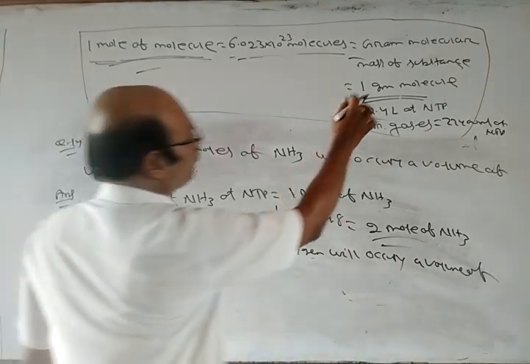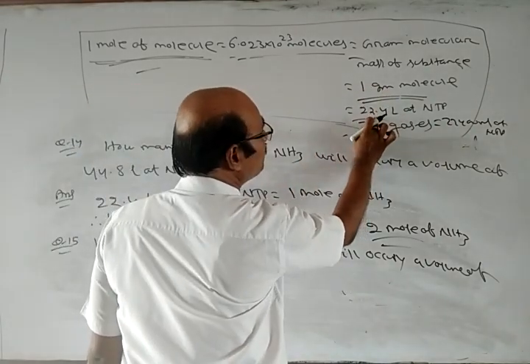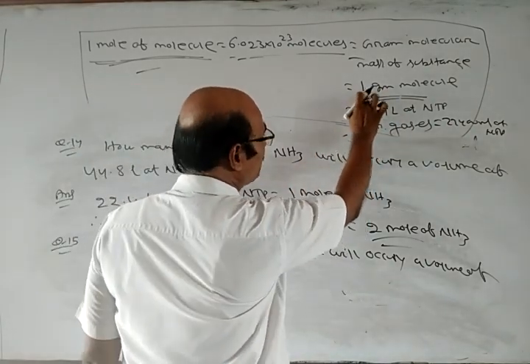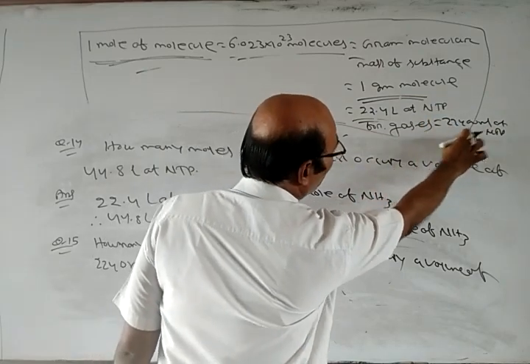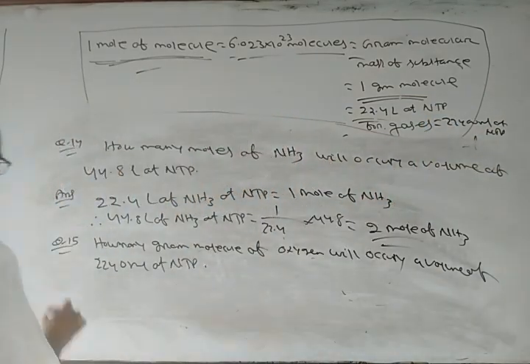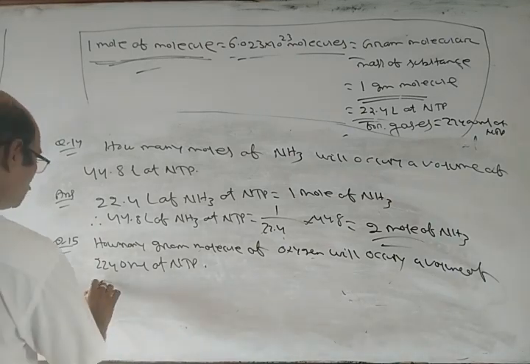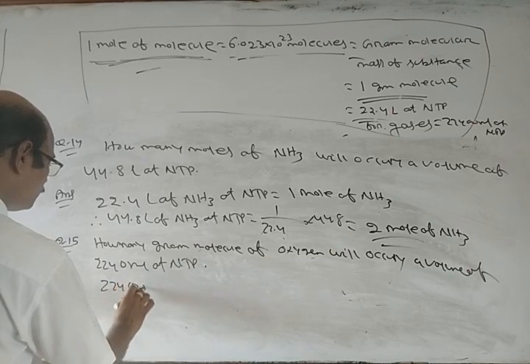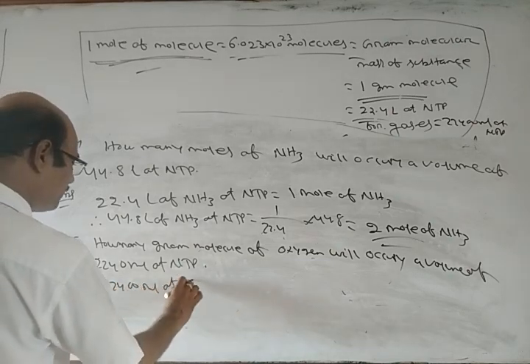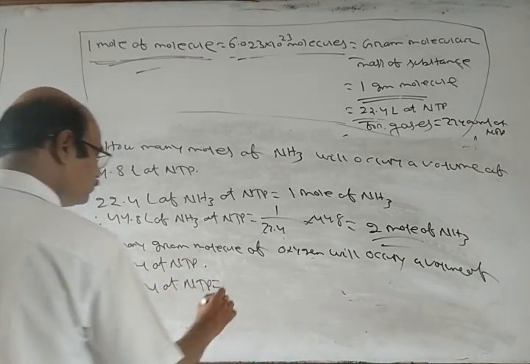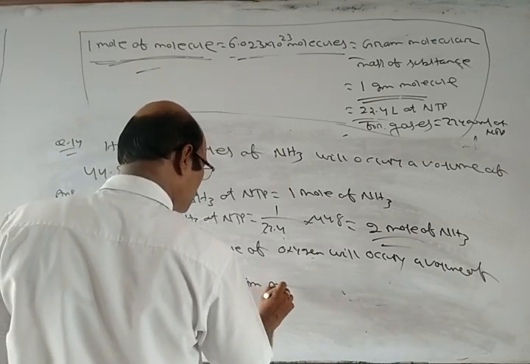See, 1 gram molecule occupies this much liter at NTP, or 1 gram molecule is 22400 ml at NTP. So what do you write here? 22400 ml at NTP is equal to 1 gram molecule.